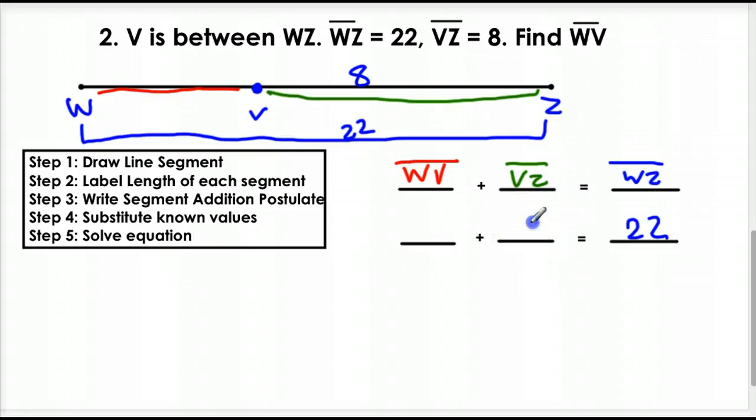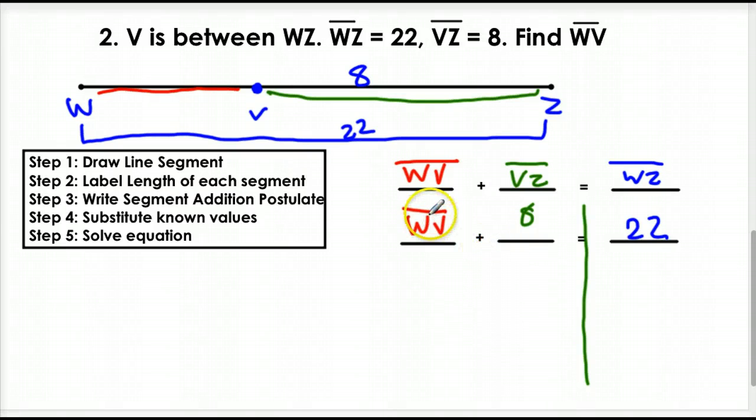Now what we don't know is WV. So let's just rewrite that. WV, what are you? Now to figure this one out, we can't add these together. So what we have to do is move this 8 to the other side. And if you remember in math, to move something to the other side of an equals, we have to use the inverse operation.